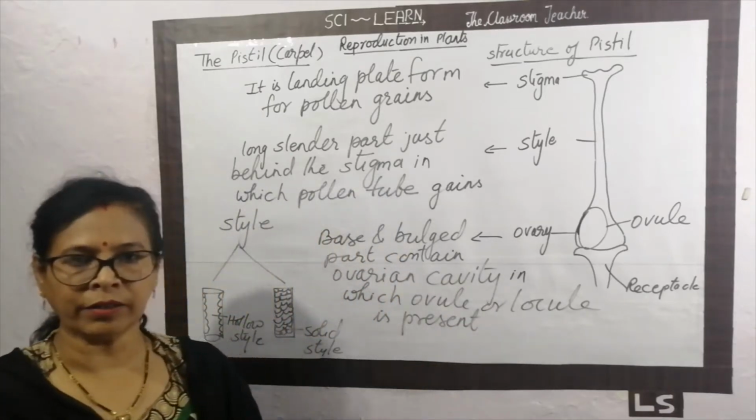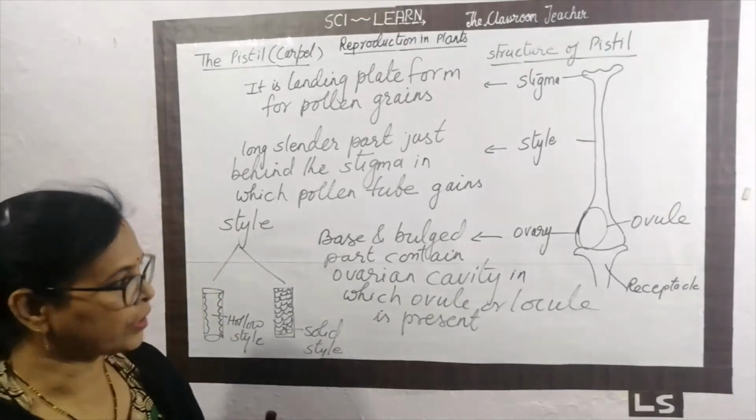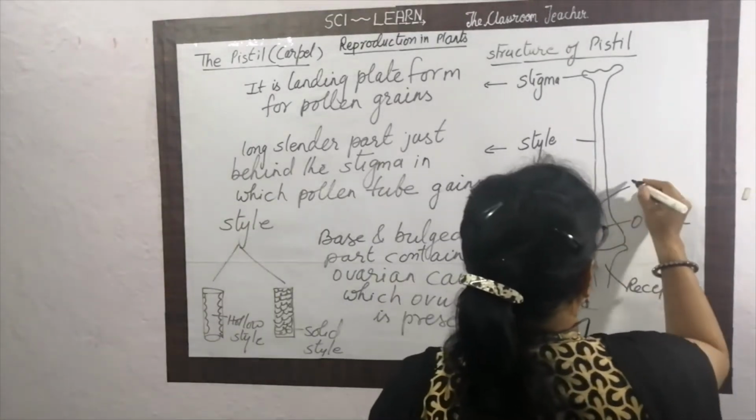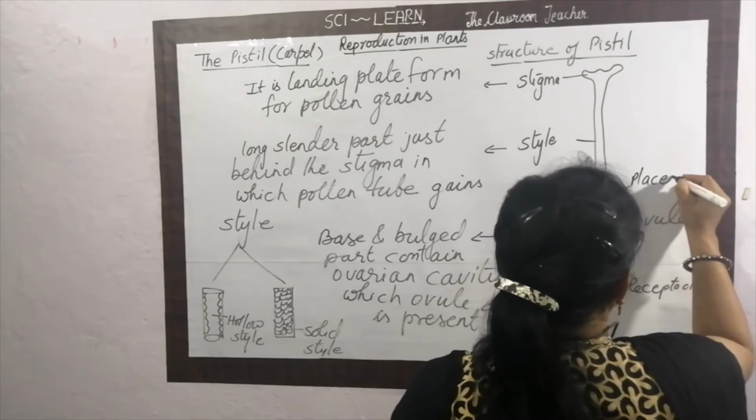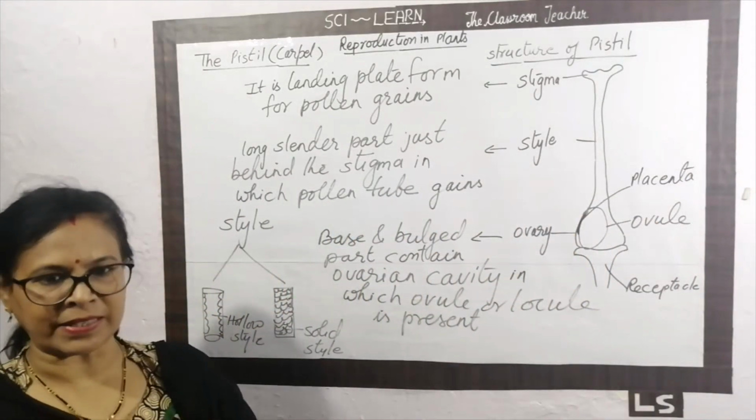The junction point where the ovule is connected with the ovary is called the placenta.